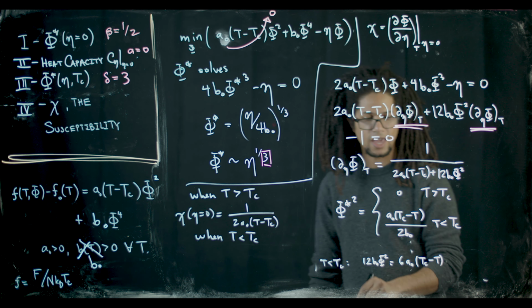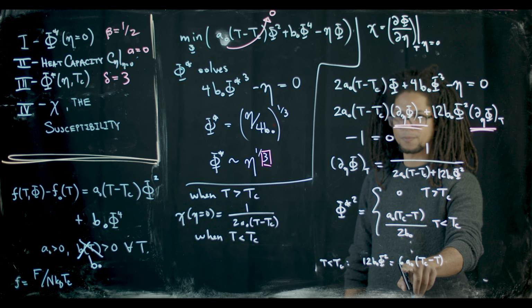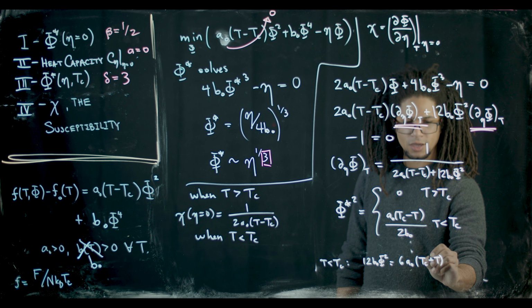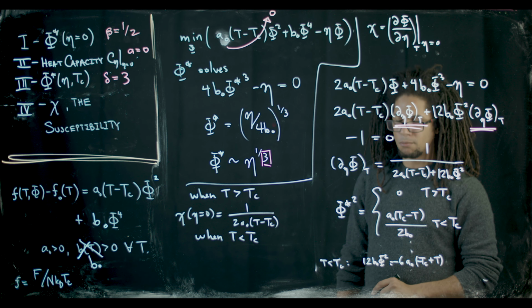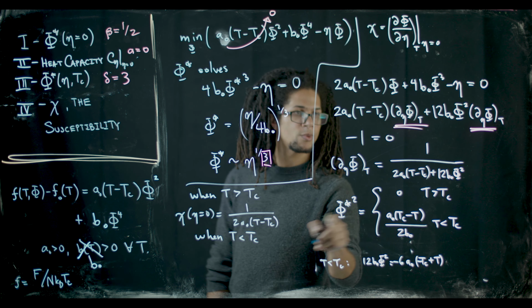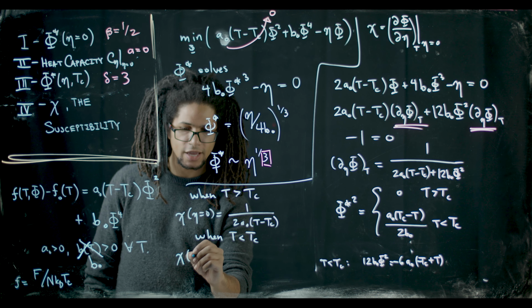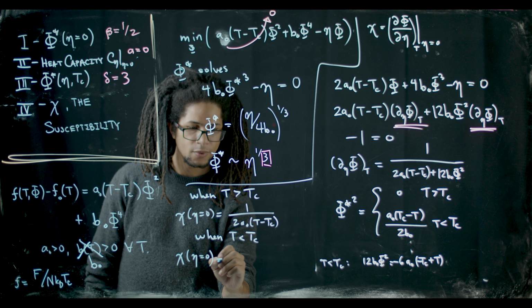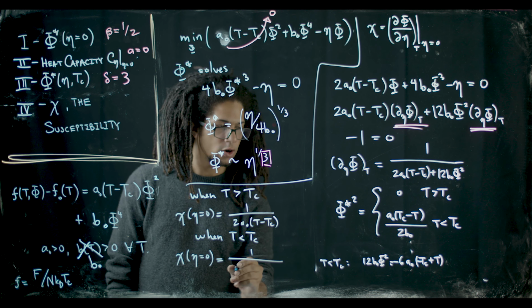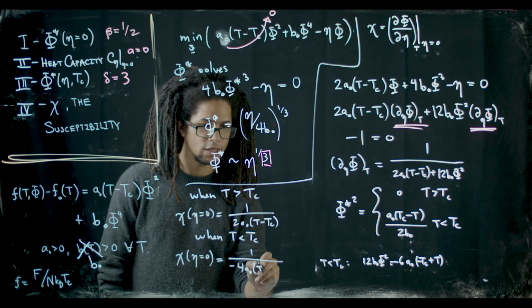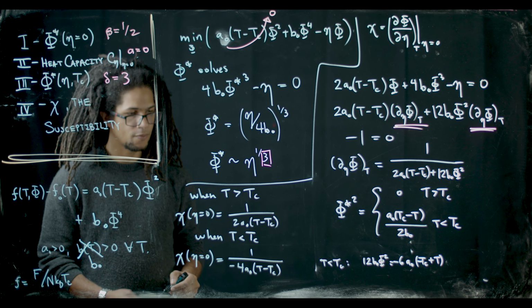The b naughts, notice, have canceled, and we get a 6 here. But because we want to flip the signs here, we can actually think of this as minus 6, because then when we add it to what's up here, we'll get a minus 4. So here we'll get chi for eta equals 0 is equal to 1 over minus 4 a naught (t minus tc). Excellent.